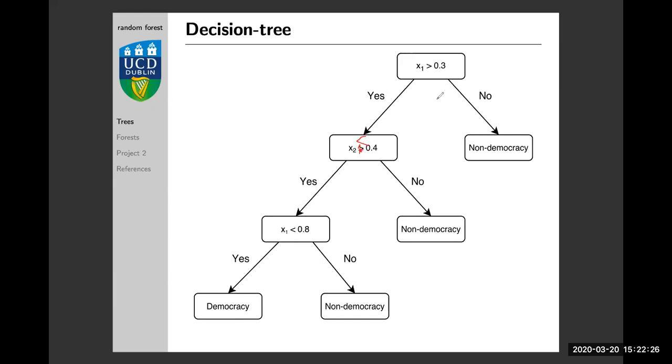So if x1 is greater than 0.3, x2 is less than 0.4, x1 is less than 0.8, then we have a democracy. If x1 is greater than 0.3, x2 is less than 0.4, but x1 is also greater than 0.8, then it's a non-democracy. If it is above the box, x1 is greater than 0.3, but x2 is greater than 0.4, then it's also a non-democracy. So we can make a decision using a tree like this.